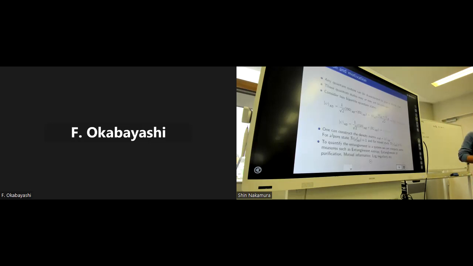As we know, any quantum system is either in a pure state or a mixed state. Also, a quantum system may or may not be entangled. For example, here I have two examples. These are bipartite pure states because I can write the psi.